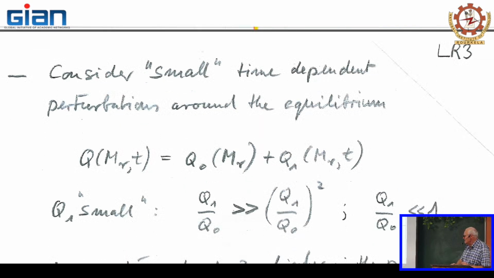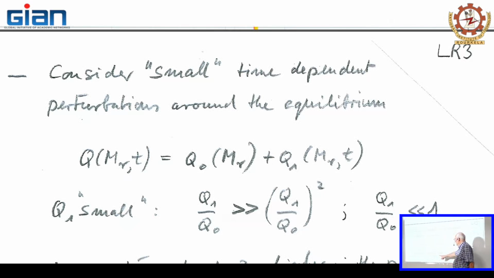Small means that the ratio of Q1 over Q0 is much bigger than its square, or that Q1 over Q0 is much smaller than unity. We compare the hydrostatic model with the perturbation, so to say, and we assume that the ratio of the perturbation relative to the hydrostatic value is smaller than unity.